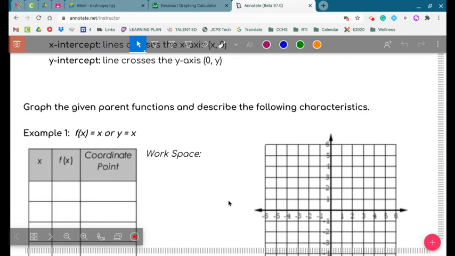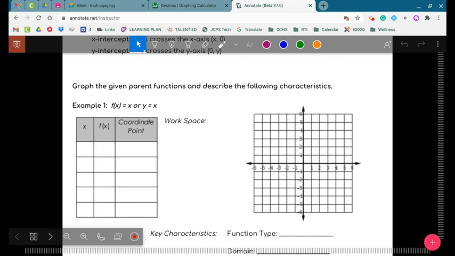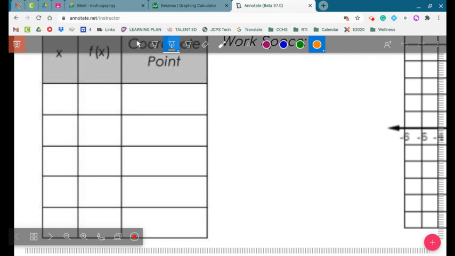So let's get started. We have 3 parent functions. The first one is y equals x, or f of x equals x. So we're going to fill out our input and output table. We're always going to have -2, -1, 0, 1, and 2.